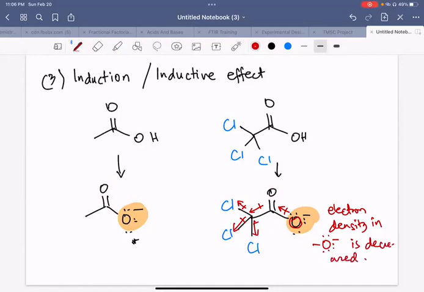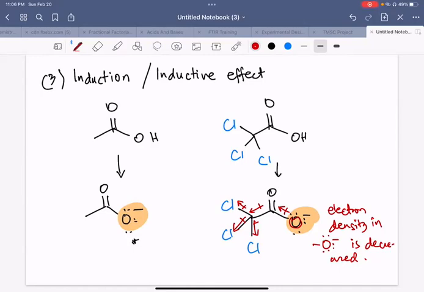Electron density in this oxygen atom is decreased, as well as a portion of this carbonyl here, which decreases in electron density due to the presence of these three electronegative chlorine atoms, and that's what we call inductive effect, and it is stabilizing.